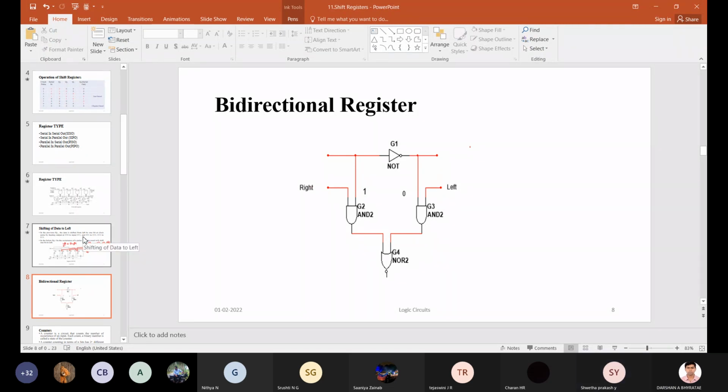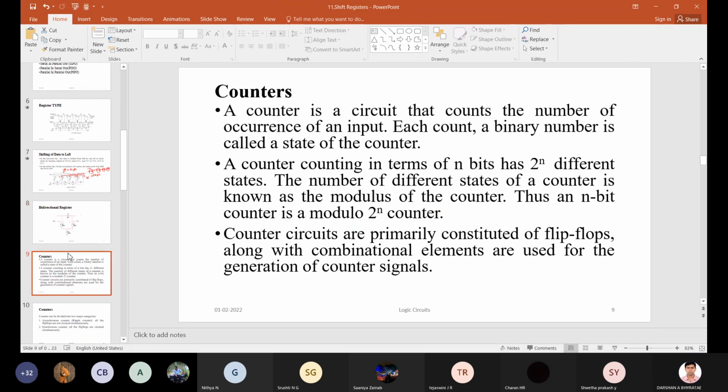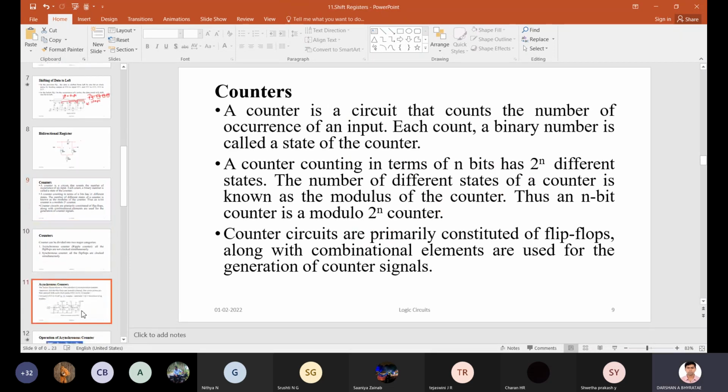Yes, sir. And here in the counters, counter is nothing but counting the number of events. For example, as I told, take as an example your classroom.